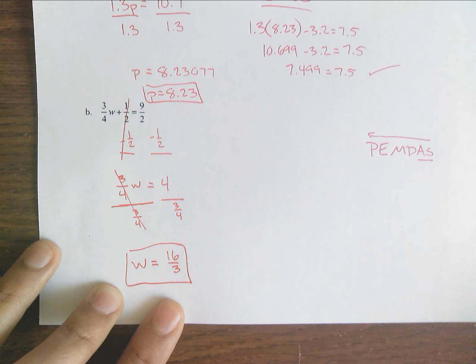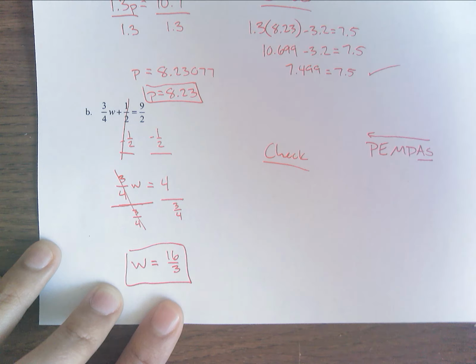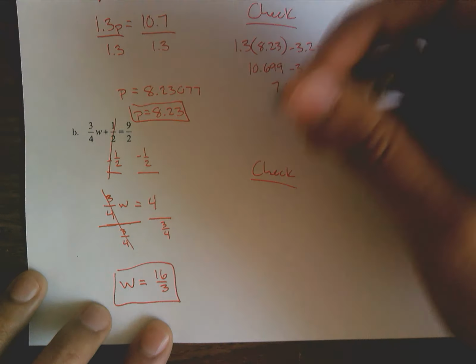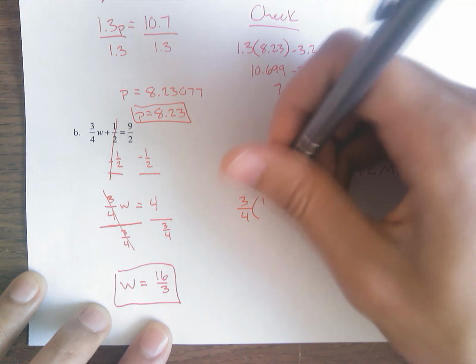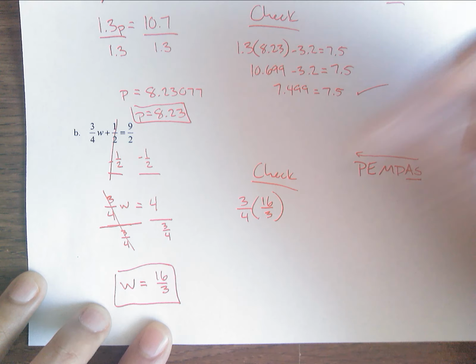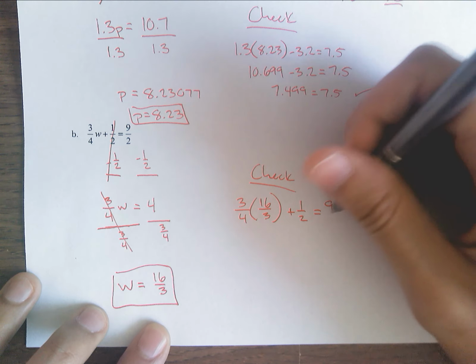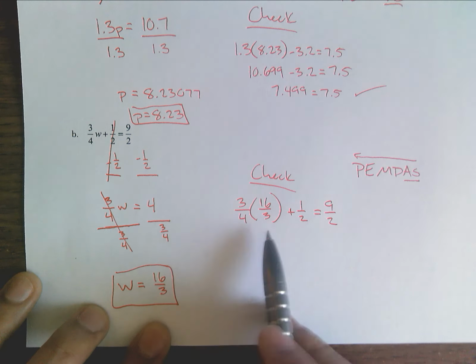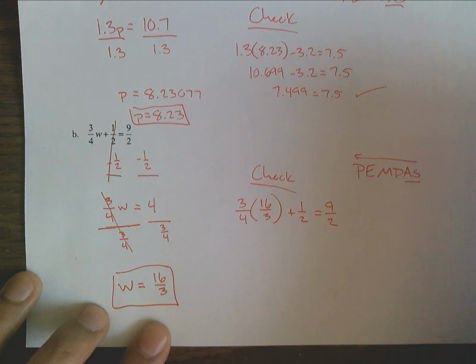We have to check our work, so on the right-hand side, we will check. And to check our work, we just plug it right back into the original. So we have 3/4 times W, which is 16/3, plus 1/2 equals 9/2. So we just evaluate this left-hand side, 3/4 times 16/3.